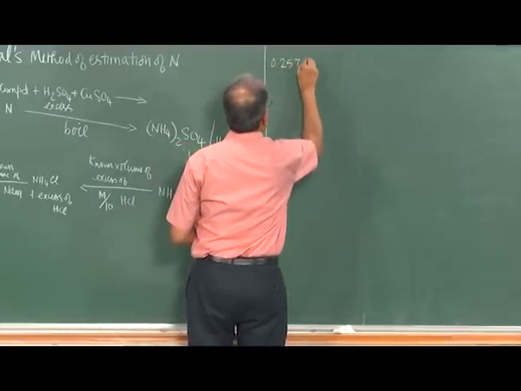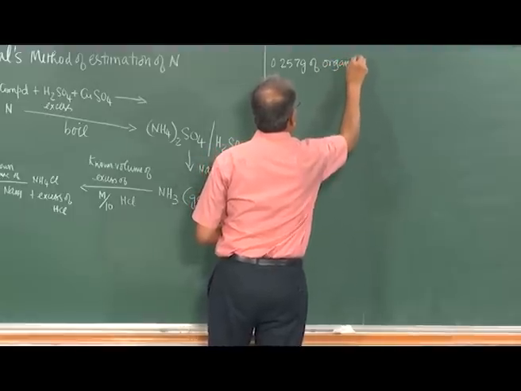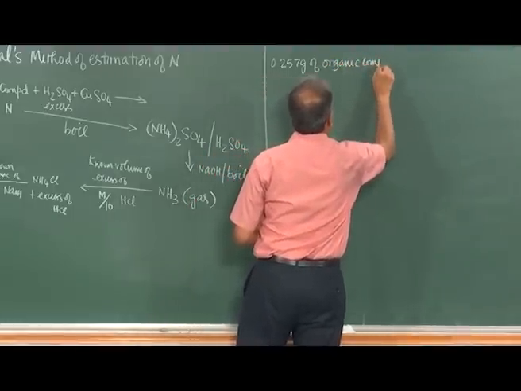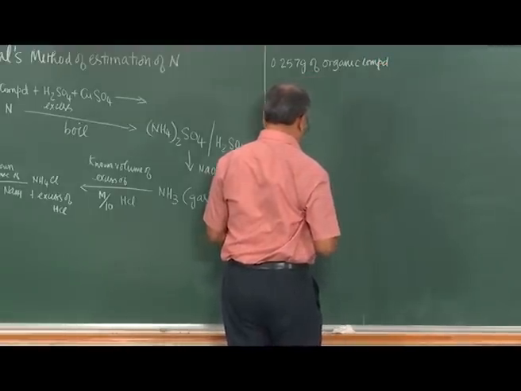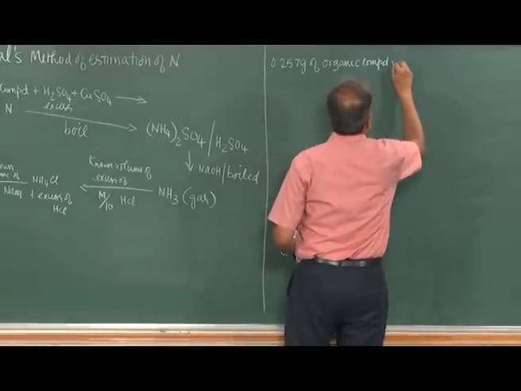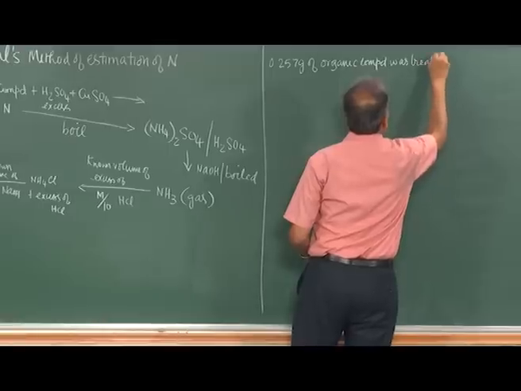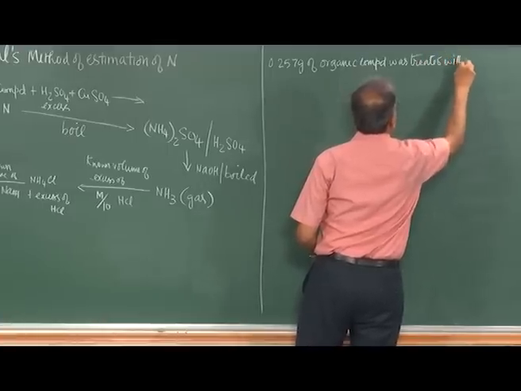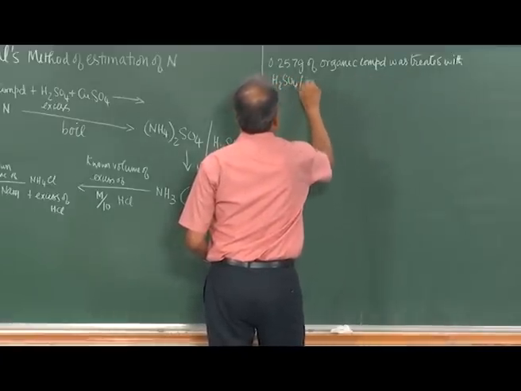0.257 grams of an organic substance was treated with sulfuric acid, copper sulfate.